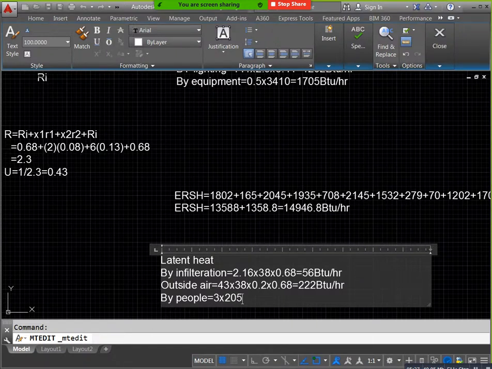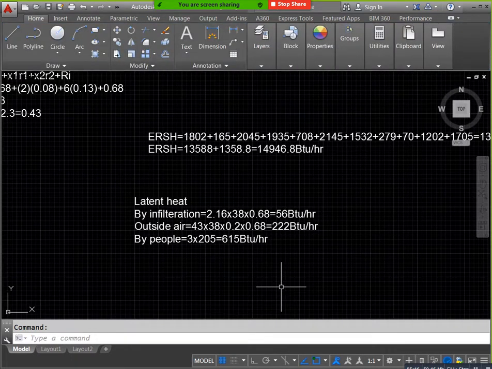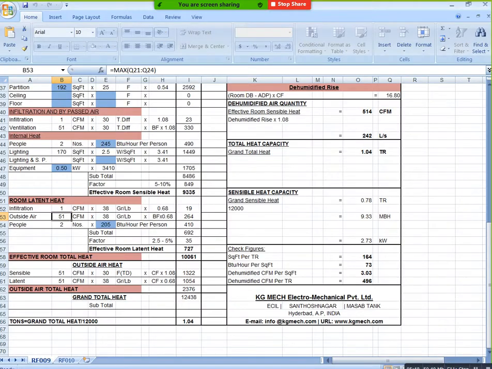See, now we calculated latent heat also. After completion of latent heat, just you can see outside air heat. Now we need to calculate OAH. Before that, for safety purpose we need to add 5% extra.